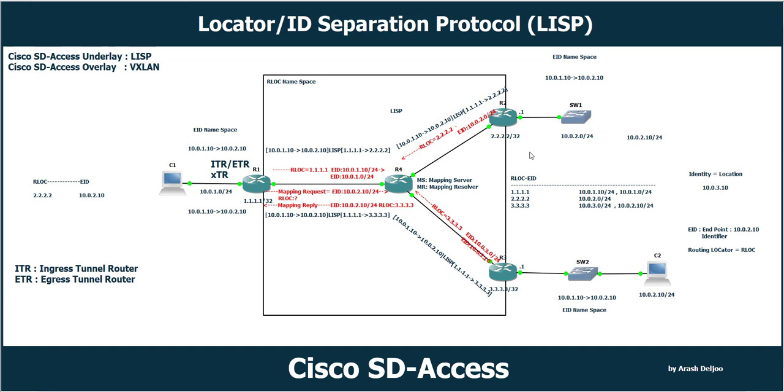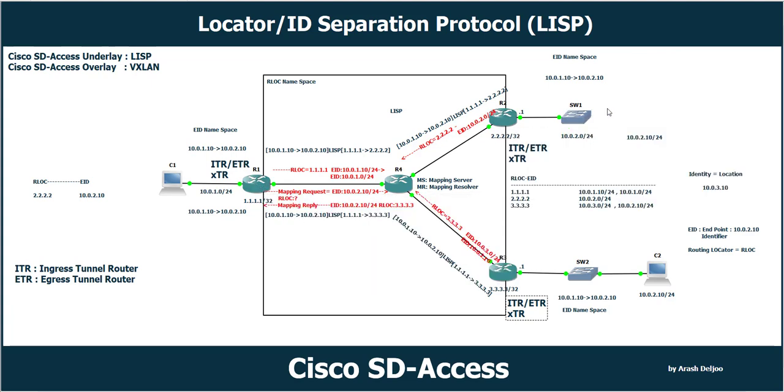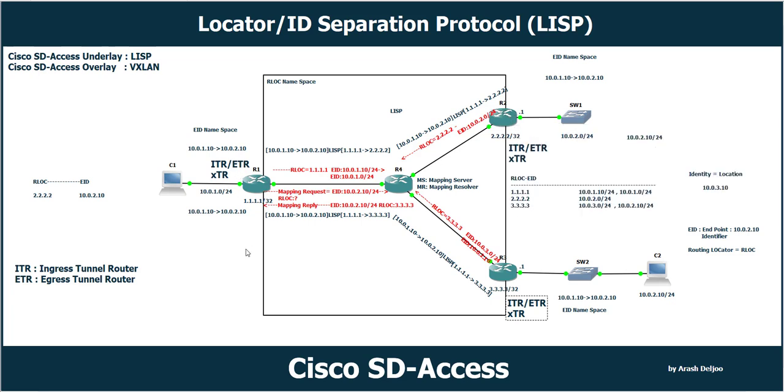But all of them in this scenario are both ITR and ETR. Why? Because when we encapsulate traffic from R1 to R2 and receive the answer, R2 should encapsulate and R1 should de-encapsulate. Because of that, all of them here are ITR, ETR, or XTR, meaning both.